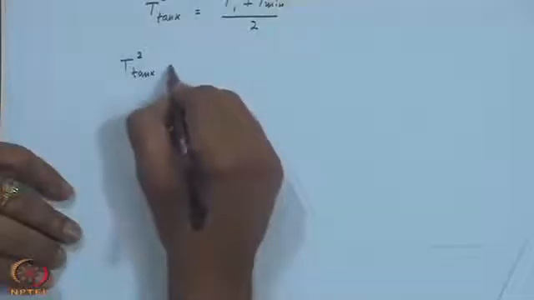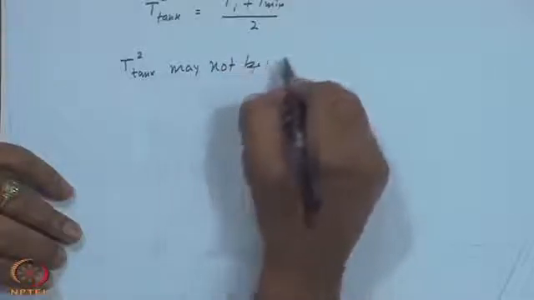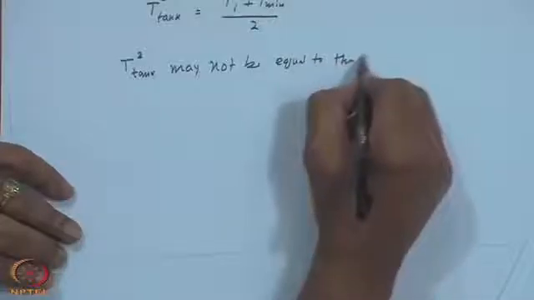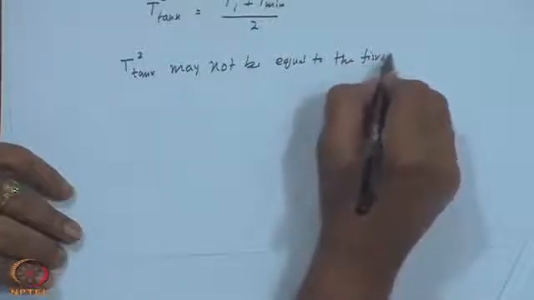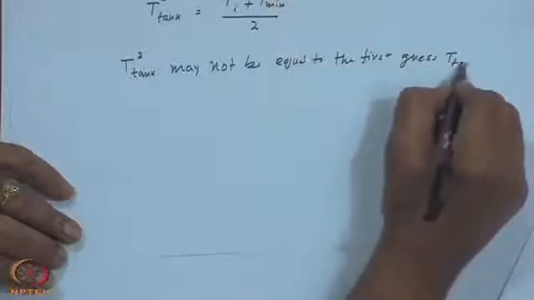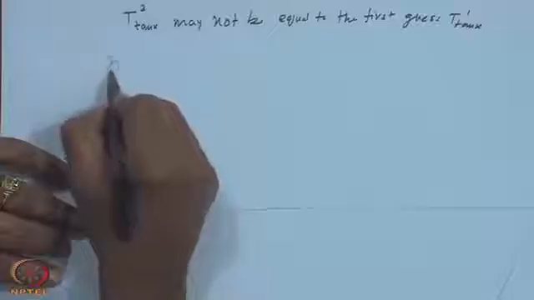Now, this T tank 2 may not be equal to the first guess, T tank 1. So, repeat the process.